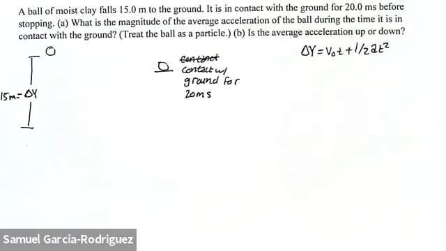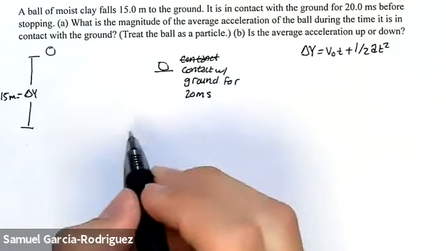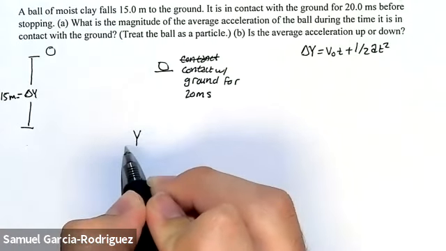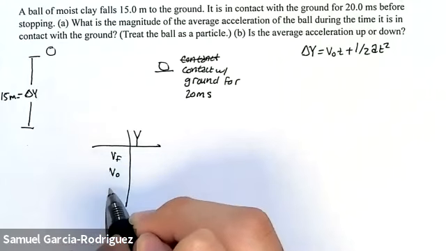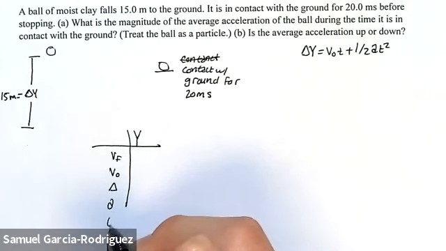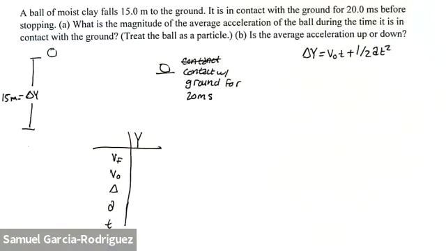This doesn't appear to be multiple dimensions, so I'm going to assume it's just the one. VF, V naught, delta y, a, t. I guess I probably should have asked y'all this before I just went ahead and wrote it, but is this a kinematics question?